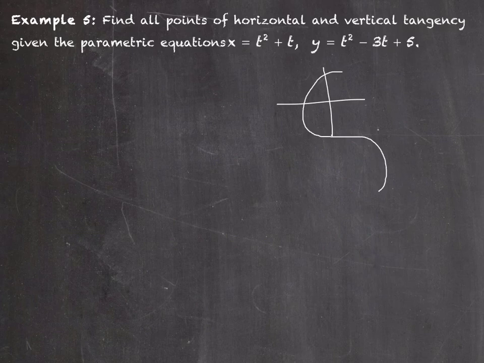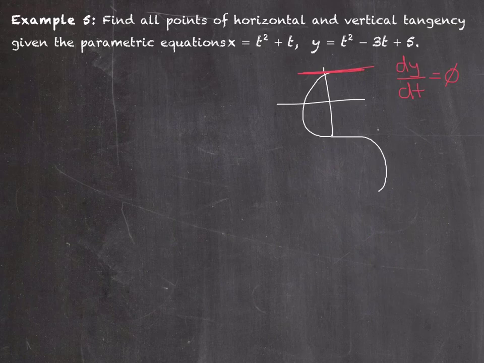That's probably not the best curve, but a horizontal tangent line would be when dy/dt equals 0. Or let me say it this way, the change in the y-coordinate as time is changing is equal to 0. And you can see that's just a flat line. The y is not changing, the x is changing. So that would be when there is a horizontal tangent.